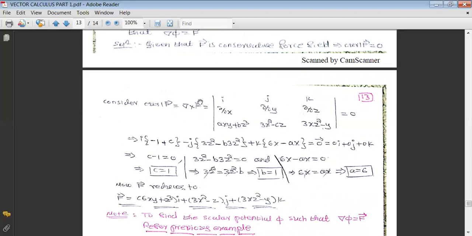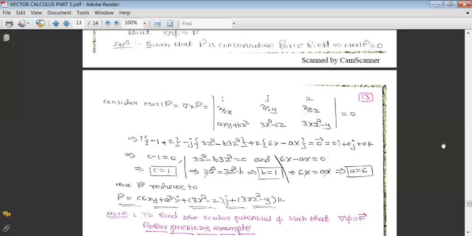Plus k into, leave this row, leave this column, differentiate this with respect to x, that is 6x, minus differentiate this with respect to y, minus ax, and that equals 0. It is a vector, that's why I can write it as the 0 vector, which can be written as 0 into i plus 0 into j plus 0 into k.